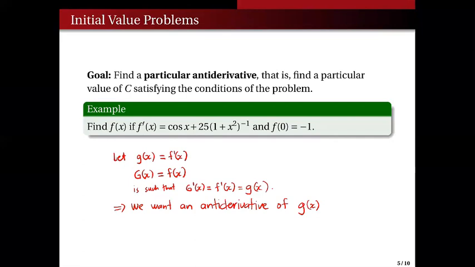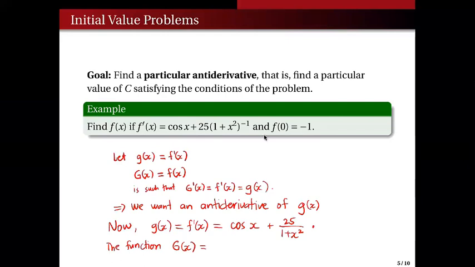Now, you are given g of x, which according to this is your f prime of x. But your f prime of x is this guy: cosine x plus 25 over 1 plus x squared. And we now know that for the function capital G of x, you need some function whose derivative is cosine x, that will become sine x.